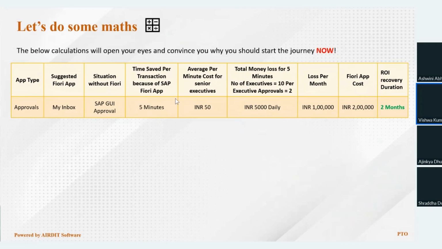So we have given you the maths. For example, time saved per transaction because of an SAP Fiori app, let's say we consider only 5 minutes, and the average per-minute cost per senior executive, let's say we take a minimal cost, which is very minimal for today's scenario, say 550.